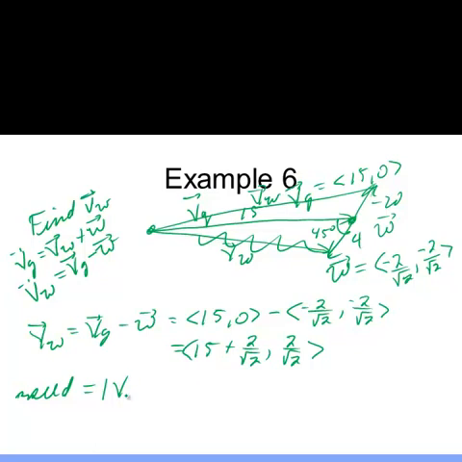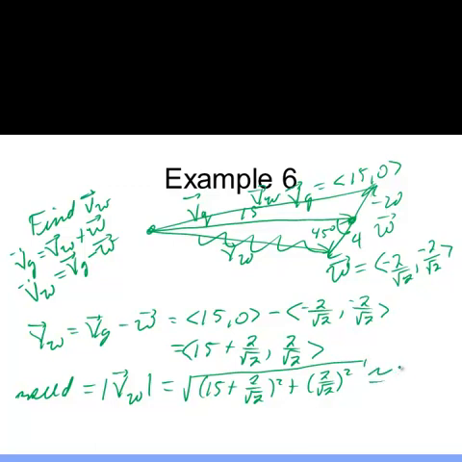The speed relative to the water would be the magnitude of V sub W. So square root of quantity 15 plus 2 over root 2 squared plus 2 over root 2 squared. And that works out to be approximately 18, as in 18 miles per hour.